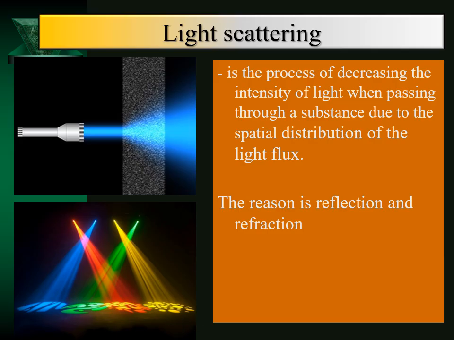In other words, light scattering is based on two phenomena. This is the ability of light to be reflected, depending on the angle of incidence. The proportion of reflected light can vary, and the ability of light to be refracted. That is, having reached the boundary of the media, the light changes its direction of movement.